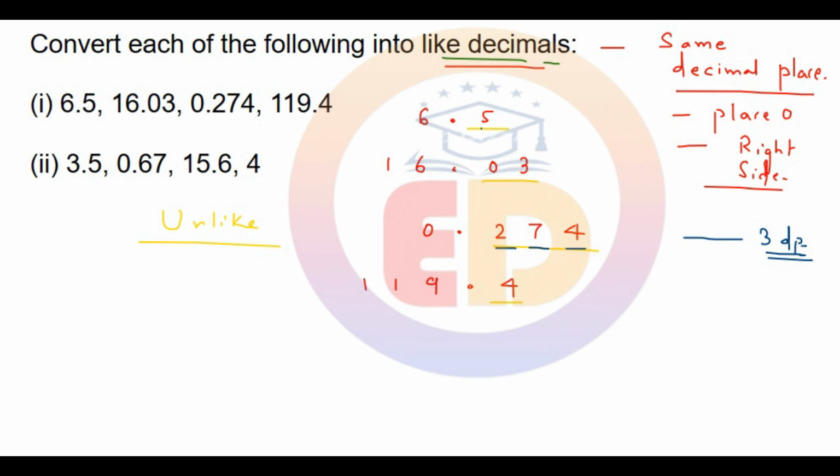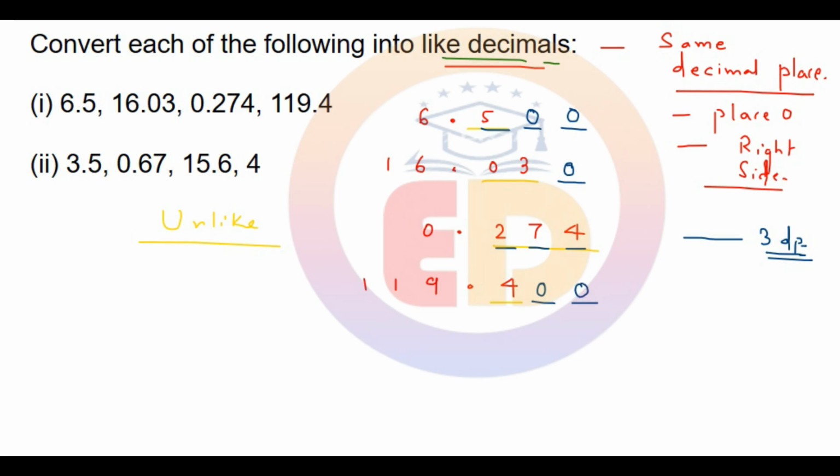6.5 has 1 decimal place. To convert it into 3 decimal places, place 2 zeros on the right side. It now has 3 decimal places. 16.03 has 2 decimal places, place 1 zero on the right side. To make it 3 decimal places, 0.274 already has 3 decimal places, so no need of doing anything here. 119.4 has 1 decimal place, place 2 zeros on the right side.